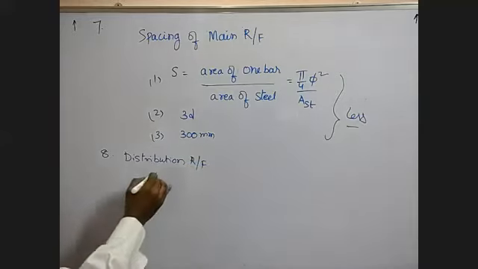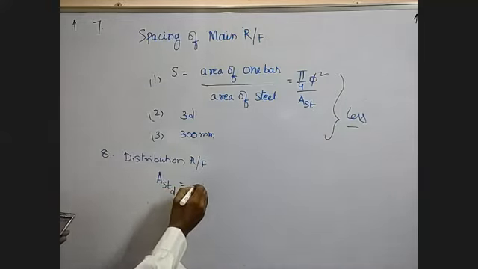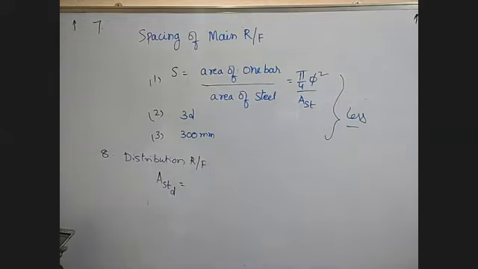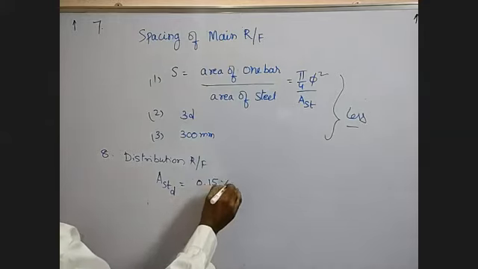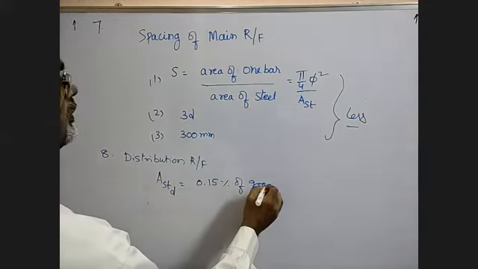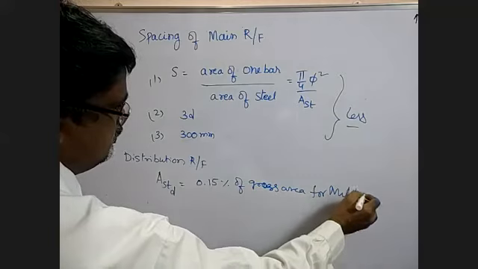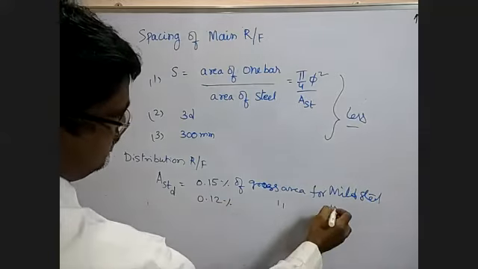Here AST we call ASTD. Same as here: 0.15% of gross area for mild steel 250, and 0.12% for HYSD bars.